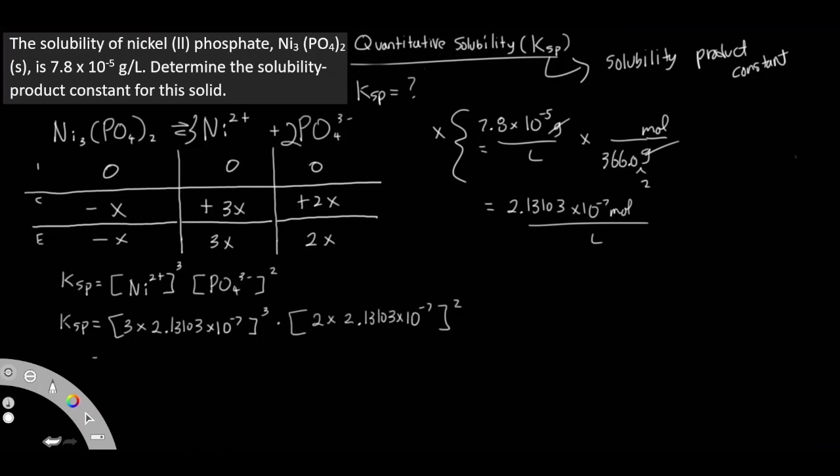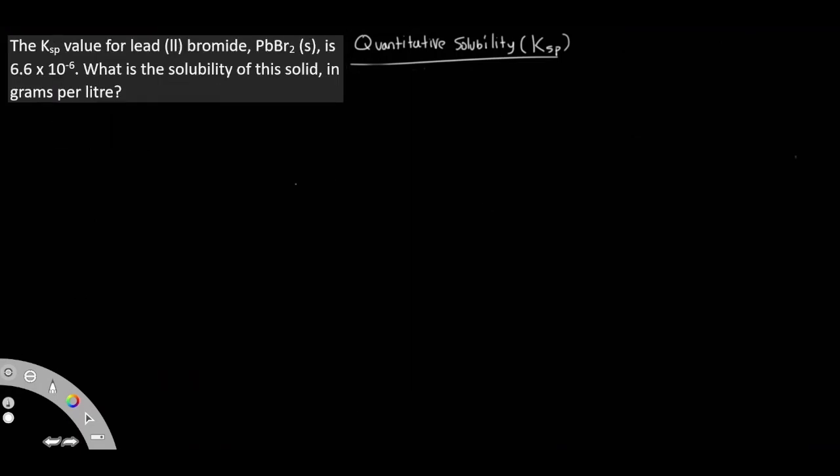This also has to become squared, so what does our Ksp value end up becoming? I'm getting a value of 4.75 times 10 to the negative 32. This here is your Ksp value, your solubility product constant.